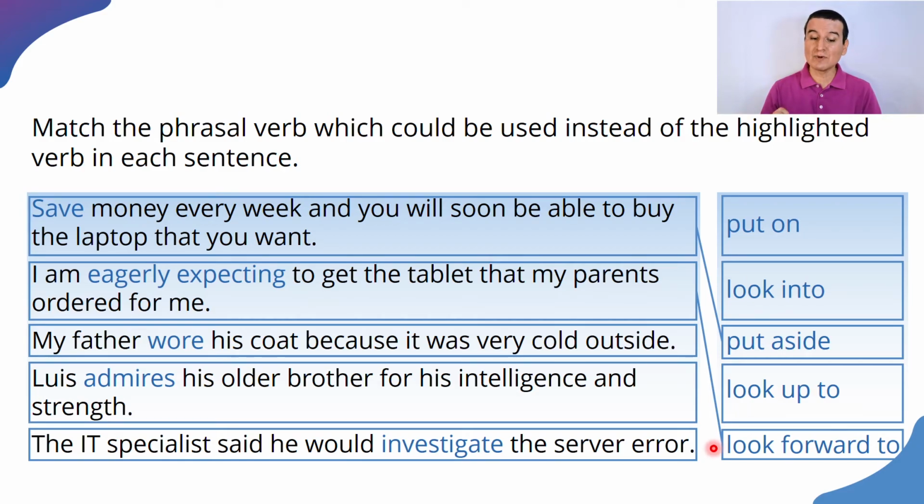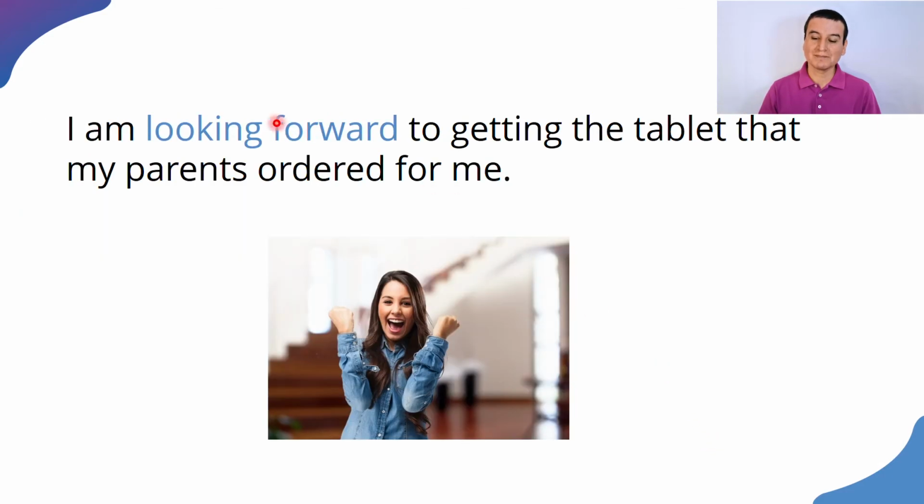So in this case, actually the term eagerly is involved in looking forward to. I am looking forward to getting the tablet that my parents ordered for me. All right? Listen to her pronunciation, please. I am looking forward to getting the tablet that my parents ordered for me.